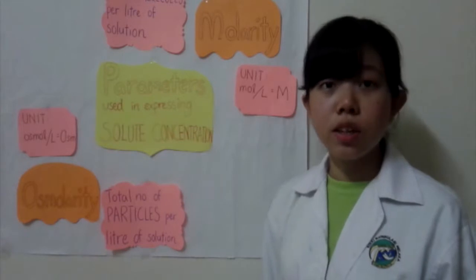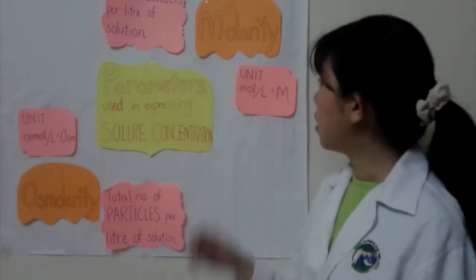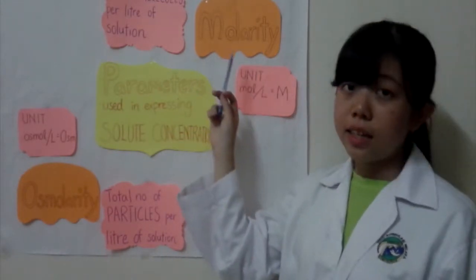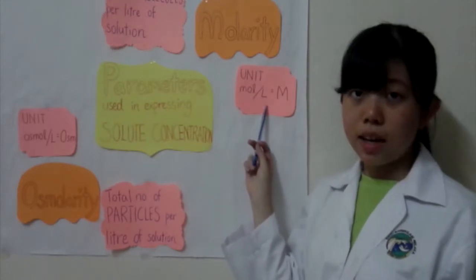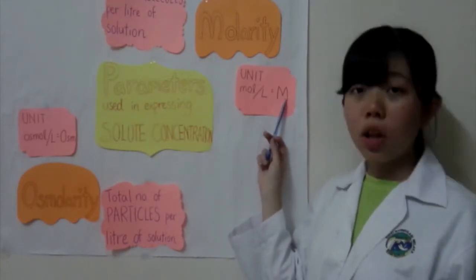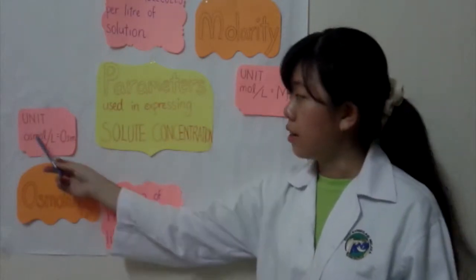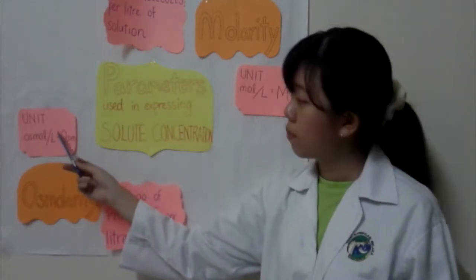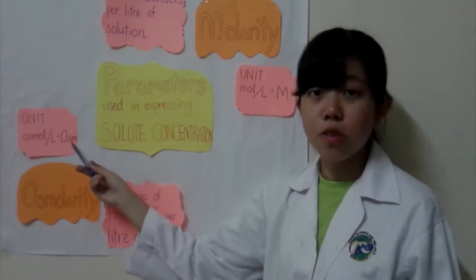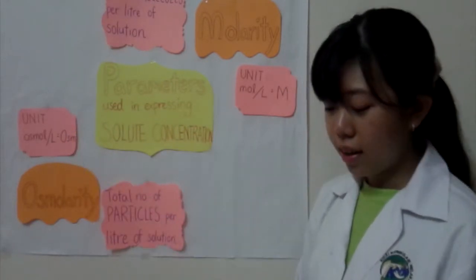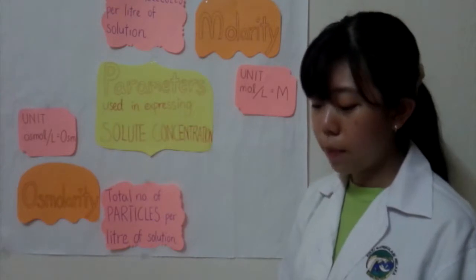The unit used for molarity is mole per liter, also known as molar. The unit for osmolarity is osmol per liter, also known as osmolar. Let us compare two examples.